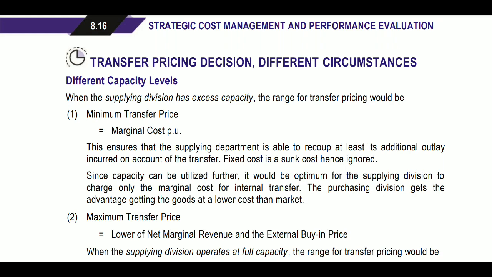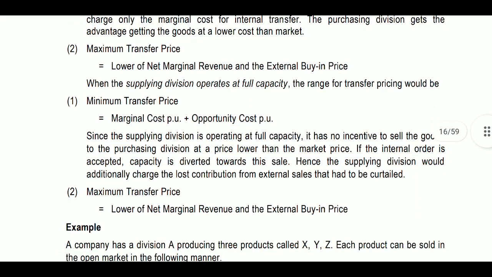For example, if your machine capacity is 10,000 hours and we have 9,000 hours of work and 1,000 hours of leisure paid time, then if you get an internal contract for those 1,000 hours, you do not add any opportunity cost.